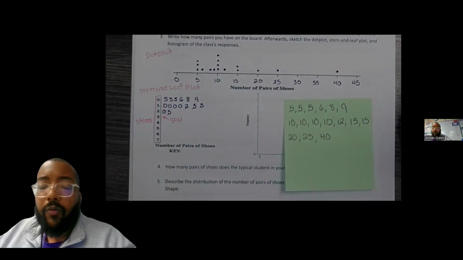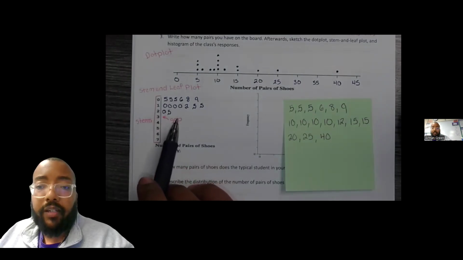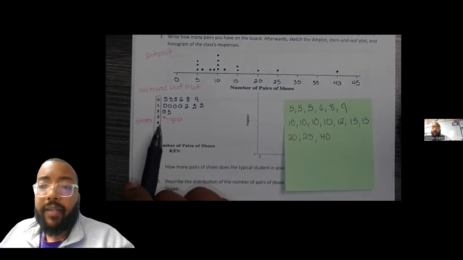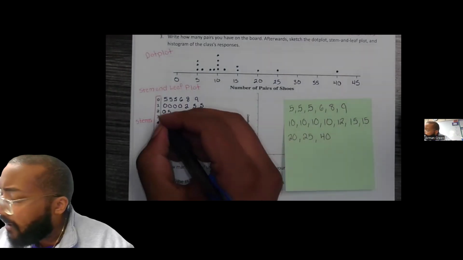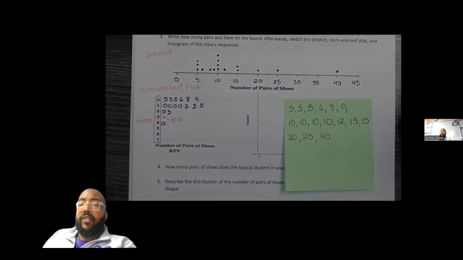Okay, so we're just going to leave that row blank because, again, we have no numbers in our data between 30 and 40. And because I do have a dot all the way here at the end at 40, that means that I'm going to have a leaf here with a number 0, and that again represents 40.